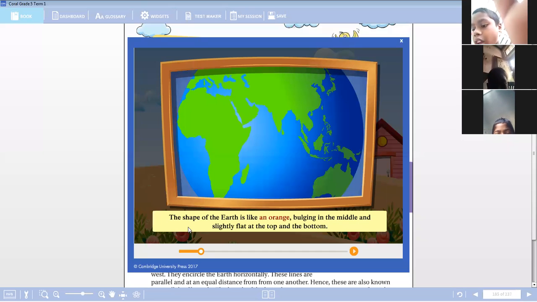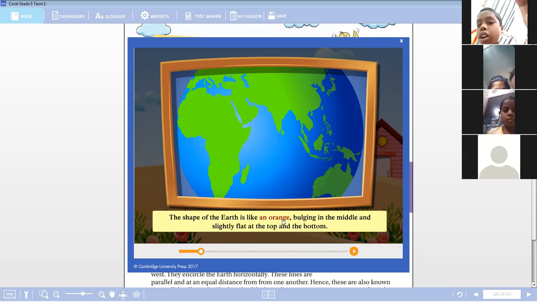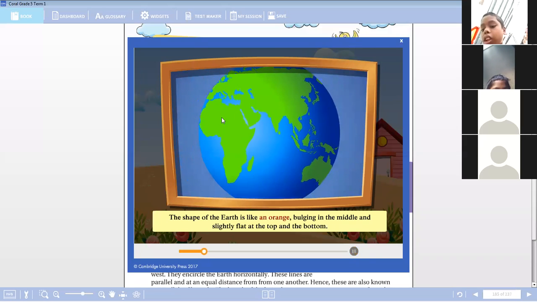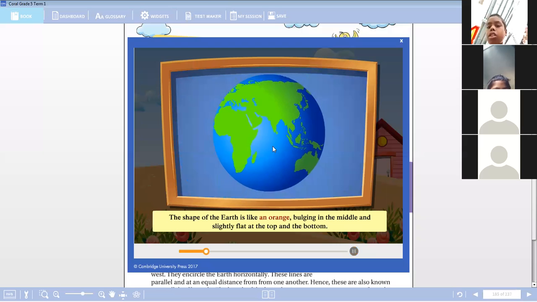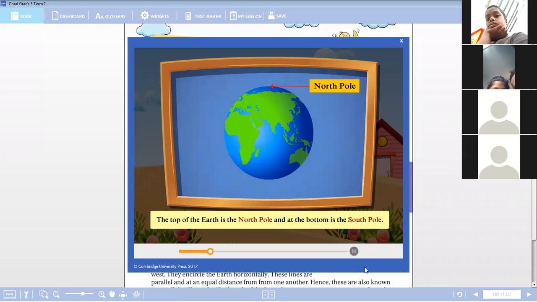Like that, the earth is not completely round or completely flat, it just looks like an orange. See, children, like this, flat at the top and bulged at the bottom.